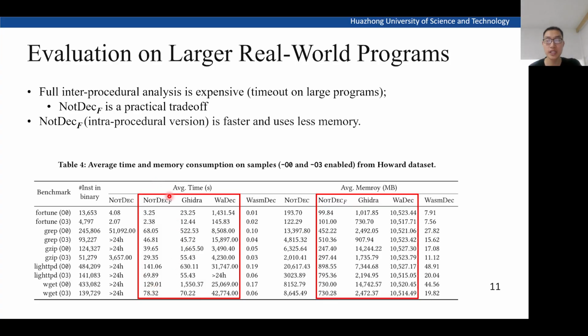So we restrict our type recovery to each single function, and we decompile each function individually, just like other decompilers do. In this setup, our decompiler is actually much faster. As you can see here, the average time is lower, and we use much less memory.